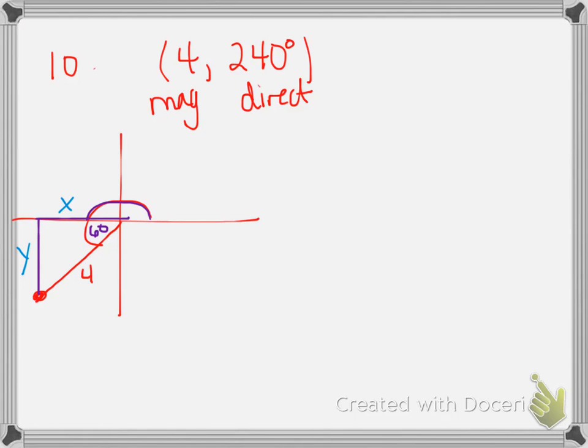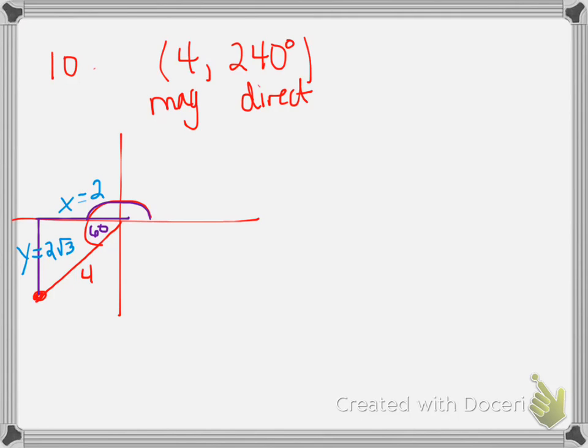If you know the relationship between a 30, 60, 90, you'll realize that across from a 90 is 4, so across from 30 is half of that, and across from 60 is square root of 3 times that. So it's going to be 2 and 2 square root of 3.